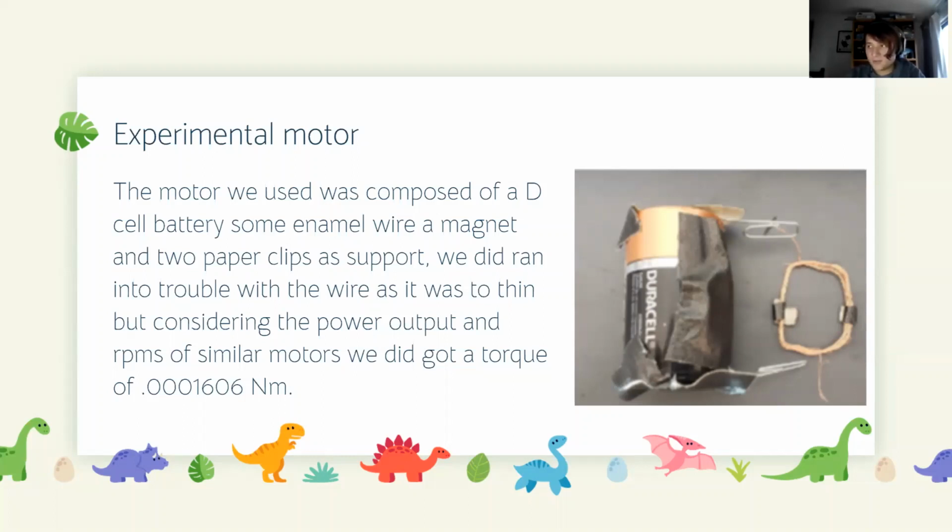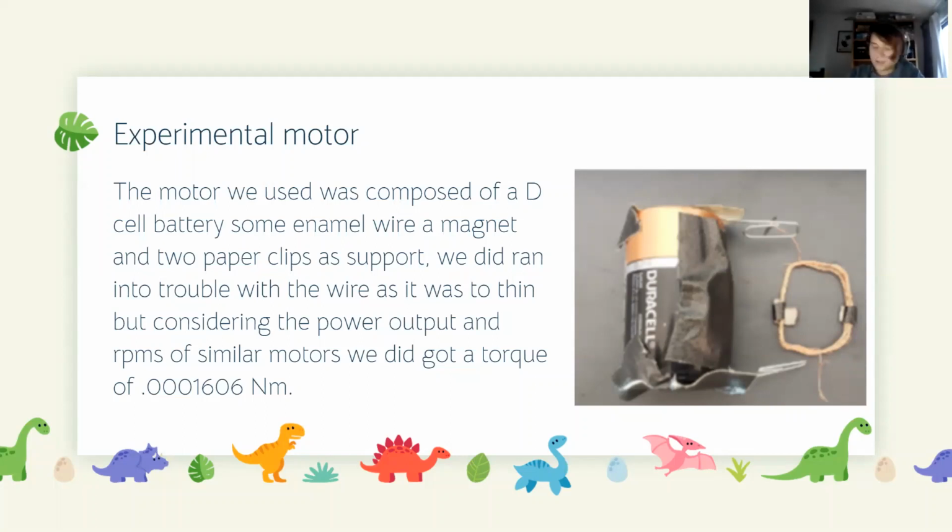So to get our measurements for the experiment, we checked other similar motors and took a range of revolutions more or less, and we also needed the watts that the battery was sending to the loop.